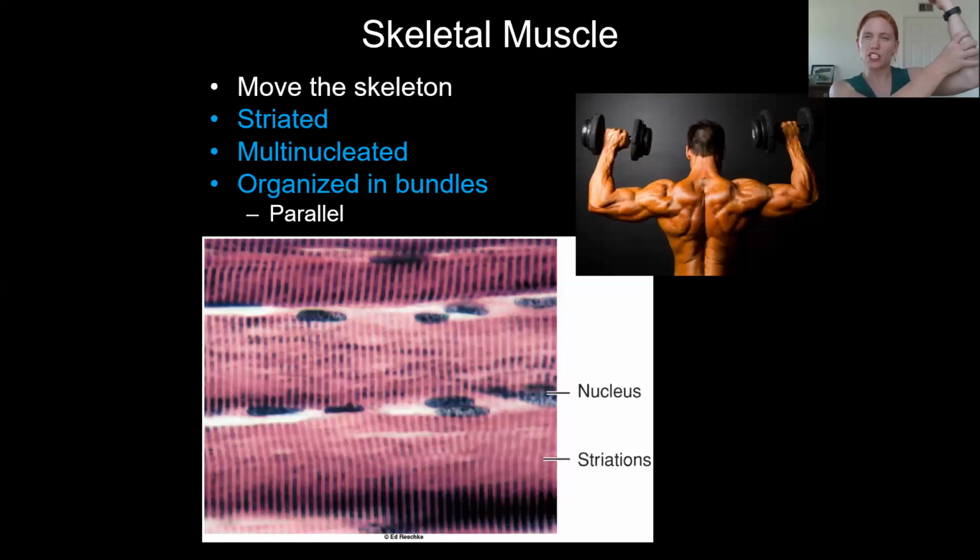Their job is to attach to the skeleton and shorten the muscle fibers so that they create movement. When a muscle is moving the skeleton, it's only going to move it in one single direction. So we want all of those muscle fibers to be shortening in the same direction so that you get overall movement of the entire skeletal muscle, the whole organ.